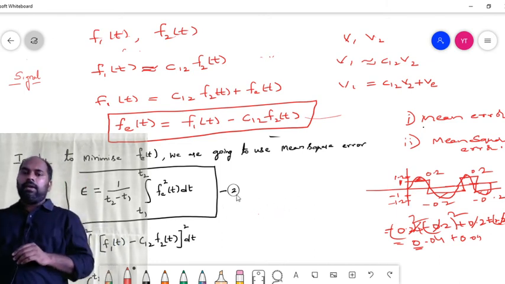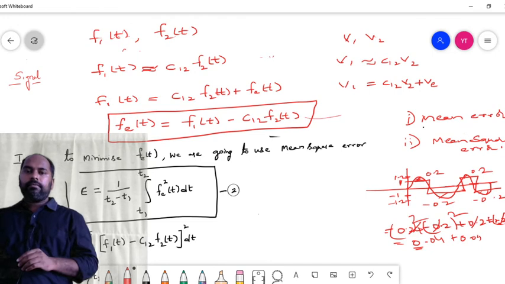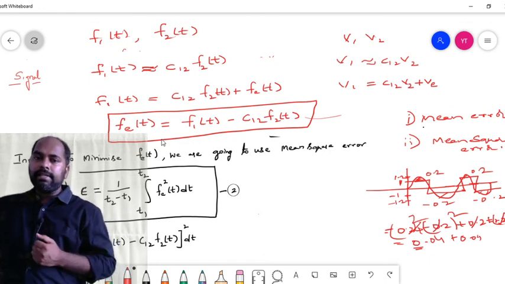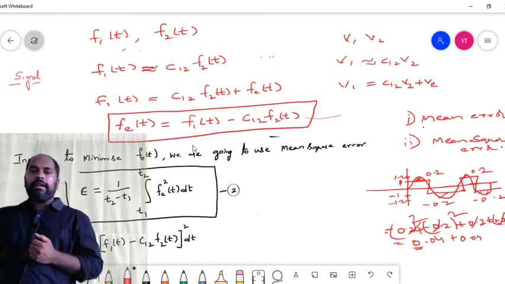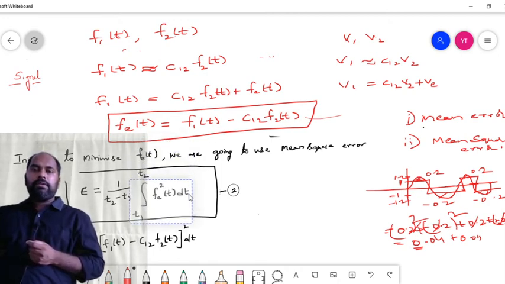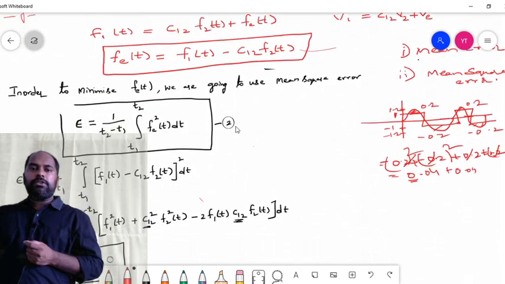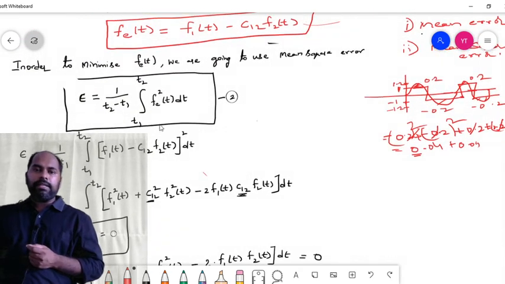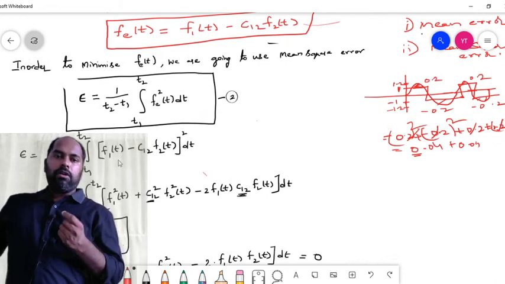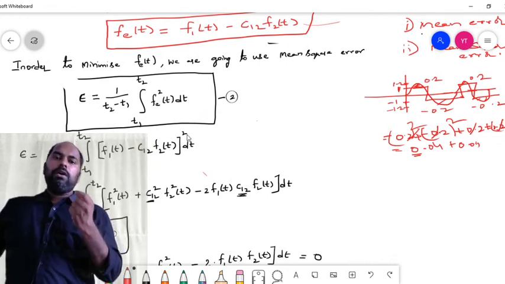Now let us see. What is fe of t? We already solved it: fe of t equal to f1 of t minus c12 f2 of t. Now substituting this fe of t value in this equation 2, after substituting we get f1 of t minus c12 f2 of t whole square dt.